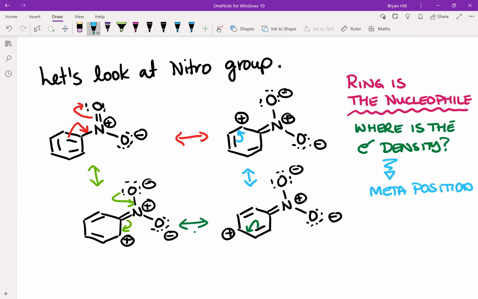Because ortho and para have positive charges. So with the nitro group, it is going to direct meta, because that's the only position where there's some electron density.